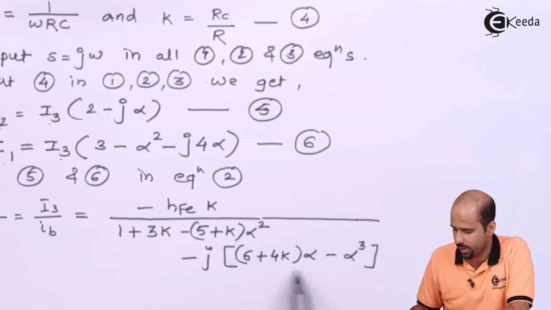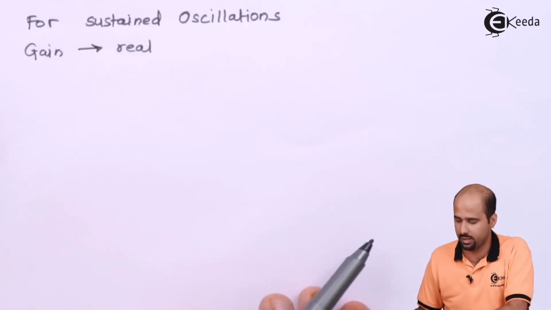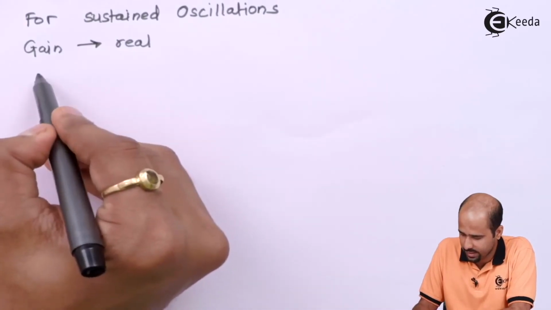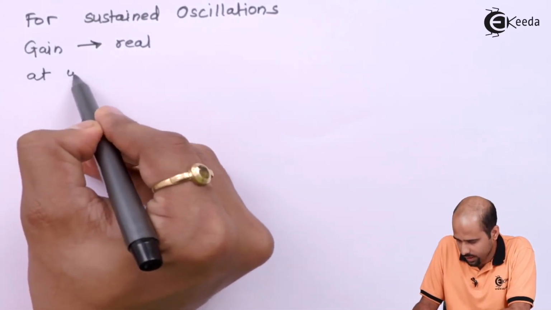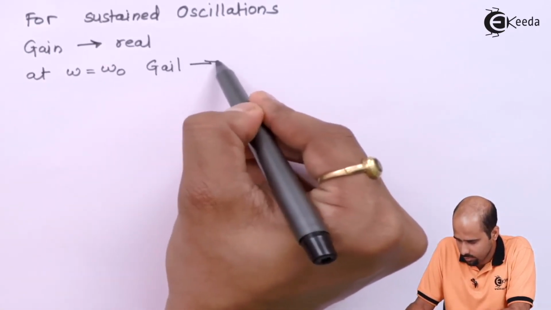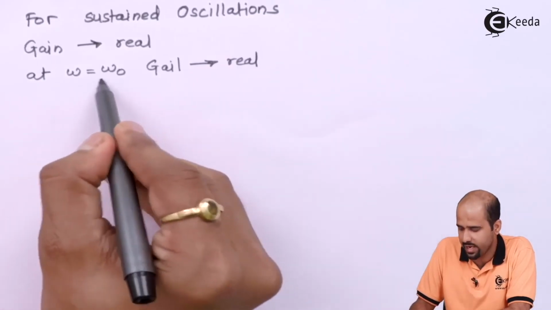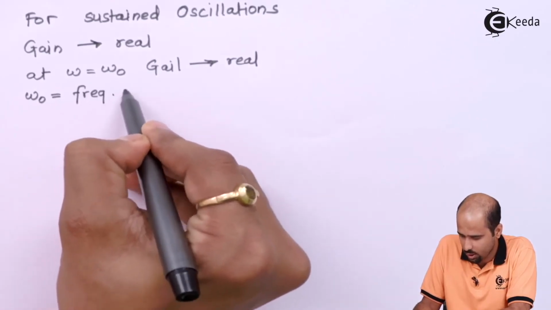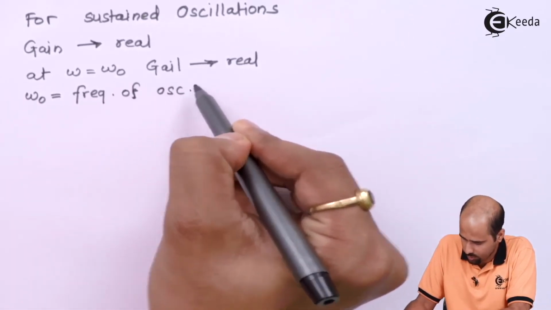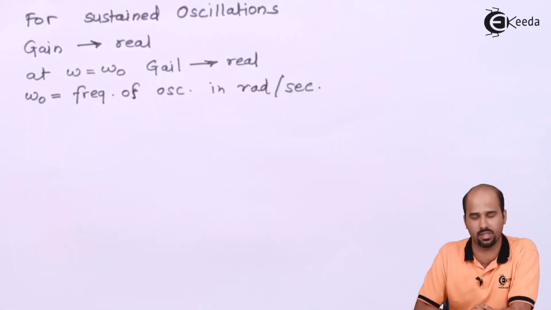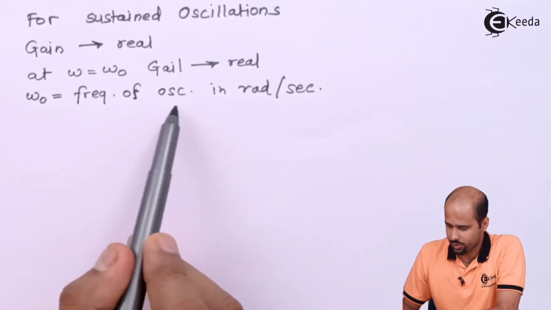So if we equate this part to 0, whatever I get will lead to finding the number 1, that is the frequency of oscillation. So we will say that at omega is equal to omega 0, gain will be real. Omega 0 is nothing but the frequency of oscillation in radian per second.